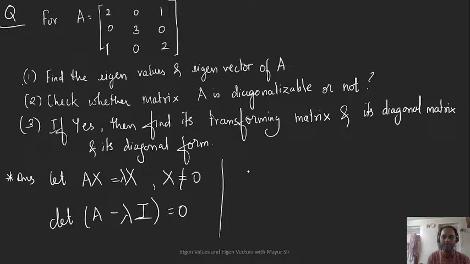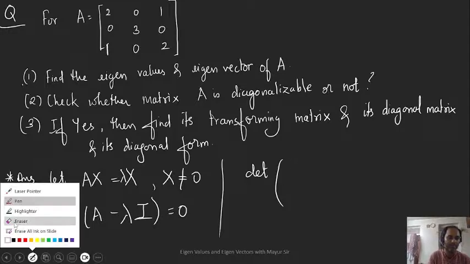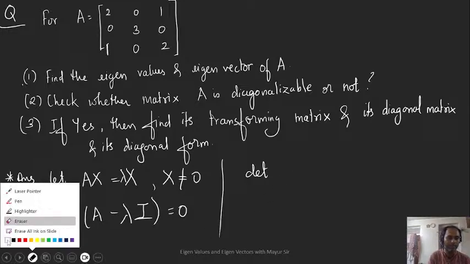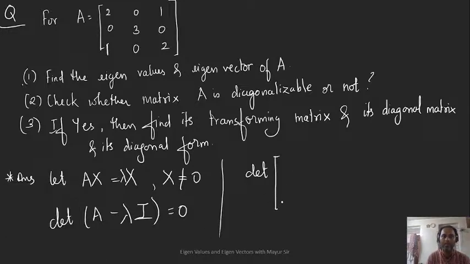The determinant of the matrix will be 2 minus lambda, 3 minus lambda, and 2 minus lambda. From the diagonal, subtract the value lambda, and you will get this.